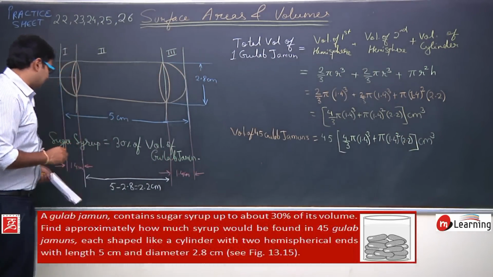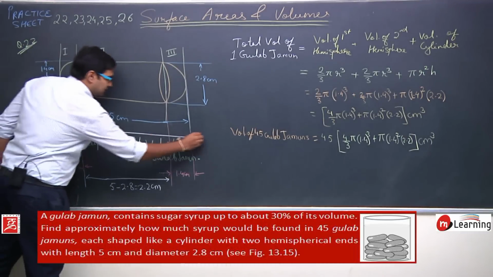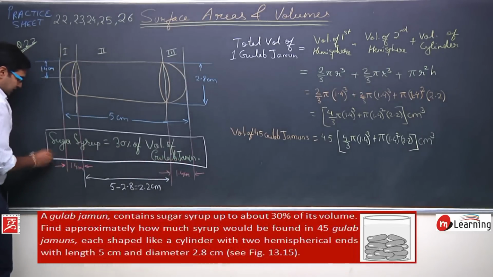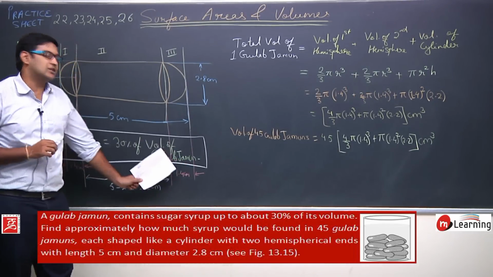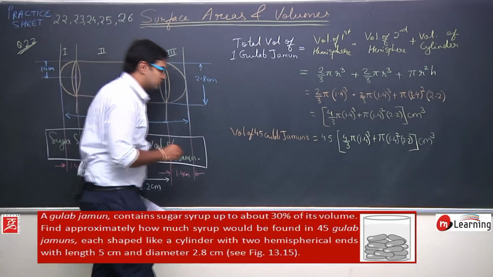Now, just now I have written the relation between the content of sugar and the volume of gulab jamun, that is, syrup is 30% of the volume of gulab jamun.